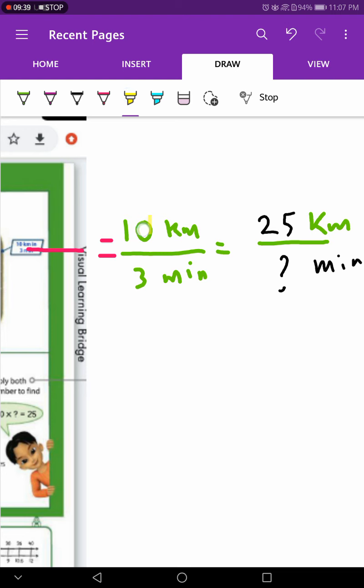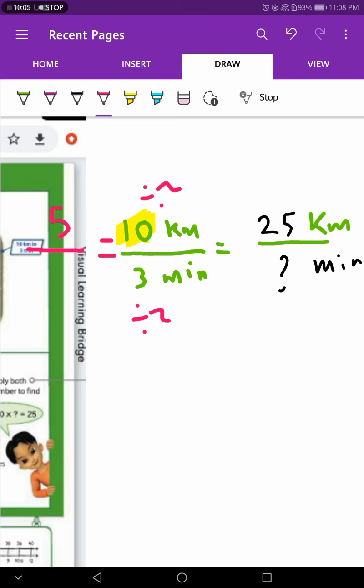The most important thing is this number. Both of them are not divisible by 3, and not by 5, but take the 2. I will divide this by 2 and this by 2. 10 divided by 2 is 5. Why? Because the 5 I know how to make 25. Why do I divide by 2? To reach the 5.